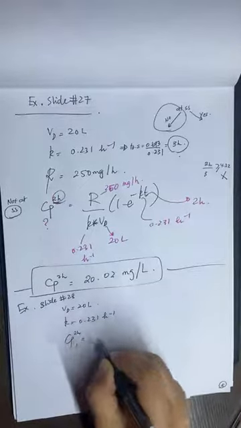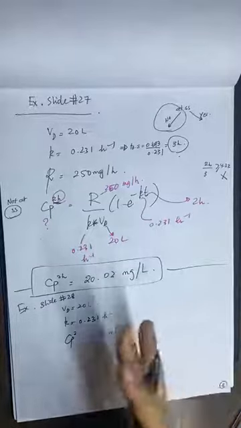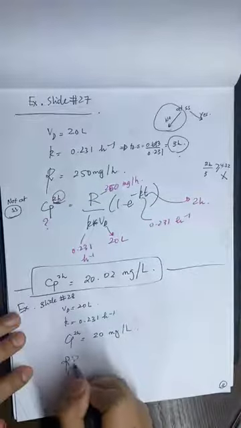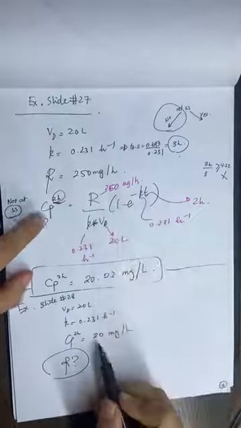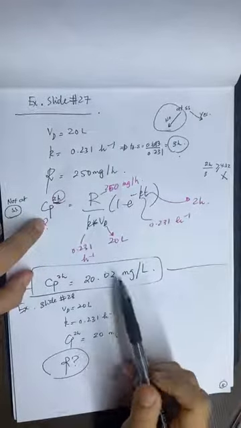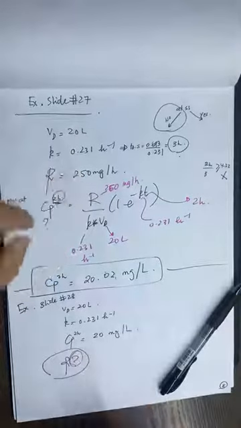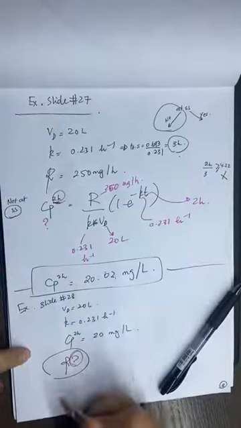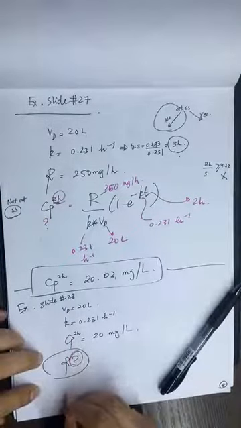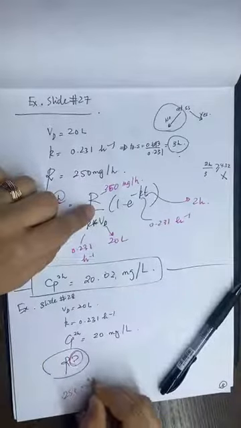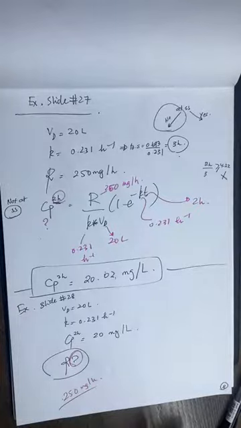I'm giving you the same number just to give you an idea what I'm asking about, which is similar, but I'm asking about something else. I'm asking about R. I'm giving you that the concentration equals 20, which is the same number that we have here, and I'm asking you to determine R. The same thing, substitute the numbers, and you will have R equal 250 milligram per hour. Just try it by yourself and you will see it's the same.